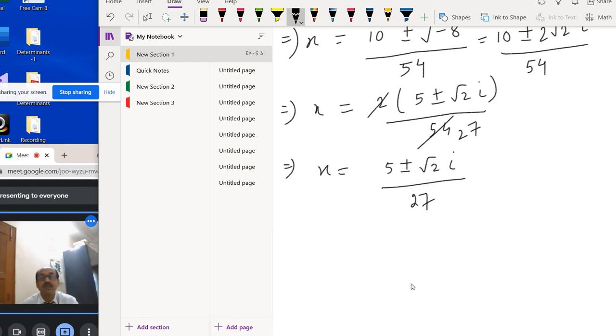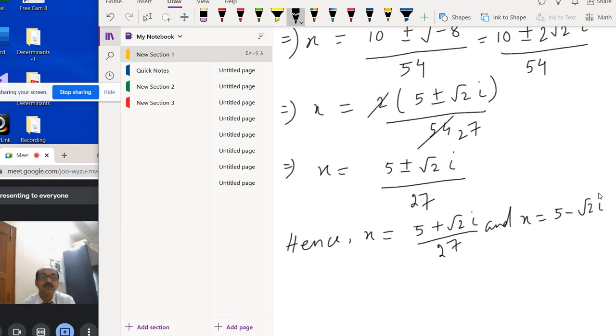Okay, so hence x equal to 5 plus root 2i by 27 and x equal to 5 minus root 2i by 27. Answer. Okay, clear? Yes, sir.